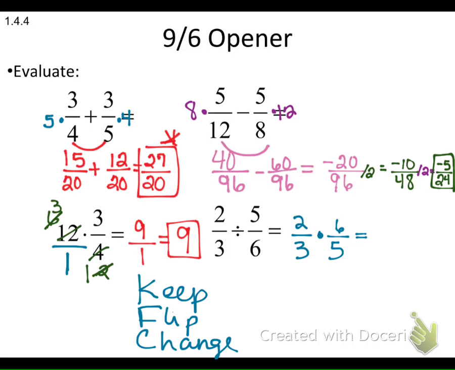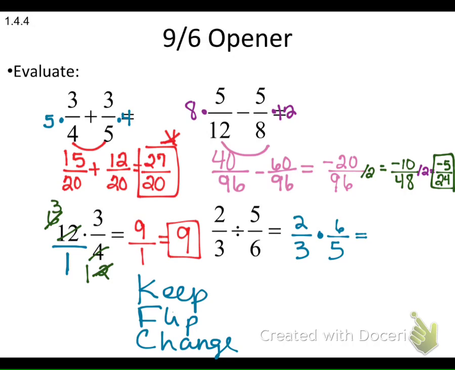Well, now we have a multiplication problem. So I'm going to look at my yellow note sheet, and I'm going to follow those notes to determine how to solve a multiplication problem when dealing with fractions. The first step says to simplify or reduce any numerator with any denominator. Can I reduce this 2 and this 3? Nah. What about 2 and 5?